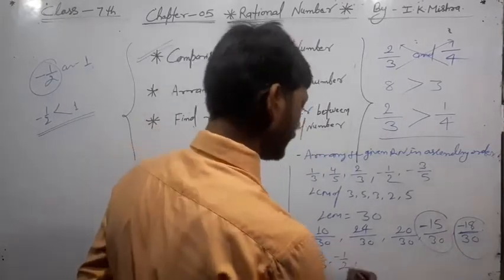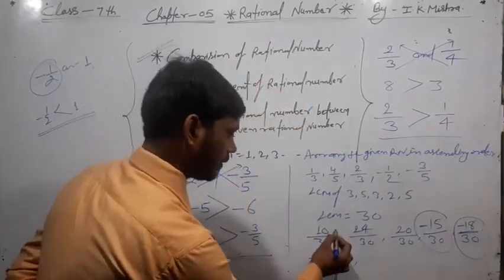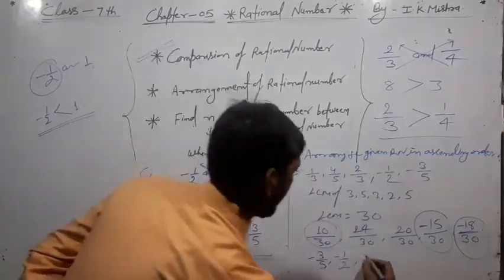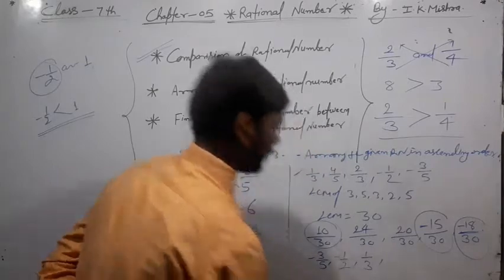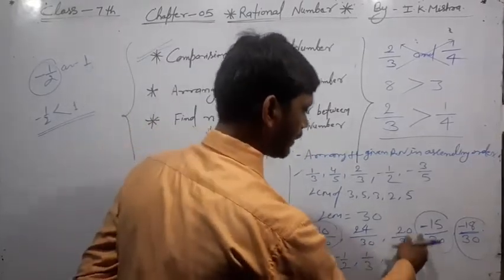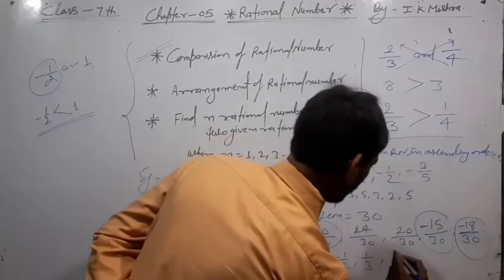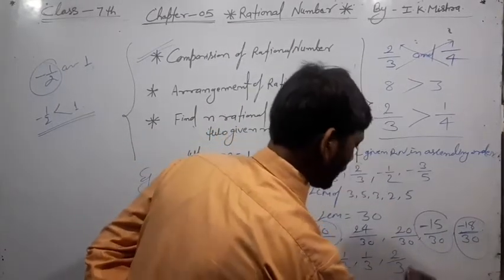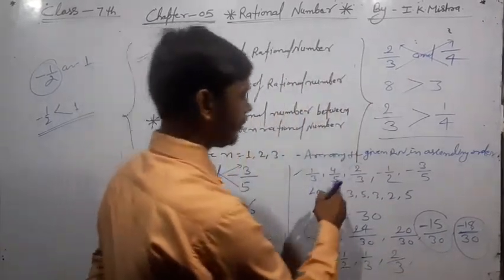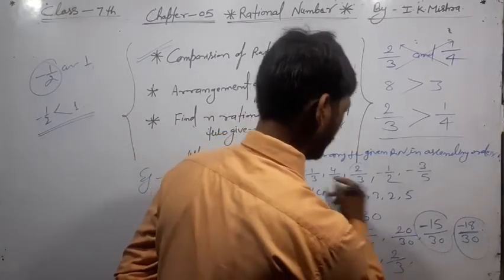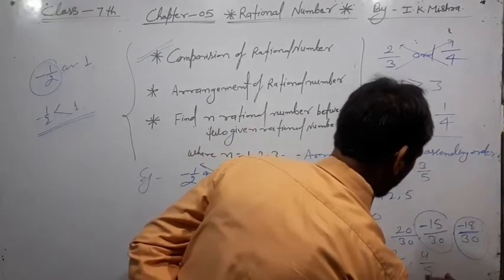After that, 10 by 30, that means 1 by 3. After that, 20 by 30, which means 2 by 3, and after that 24 by 30, that means 4 by 5.